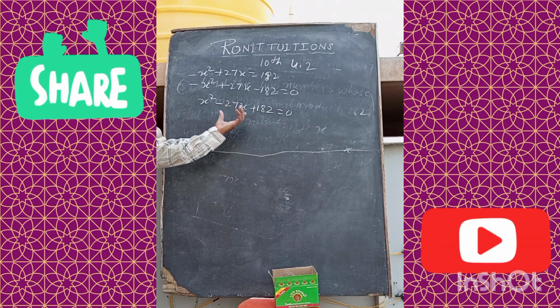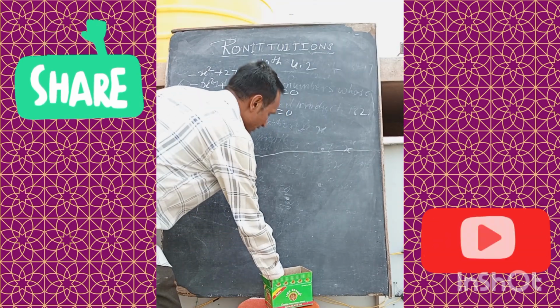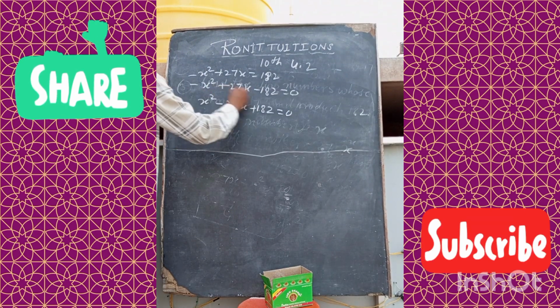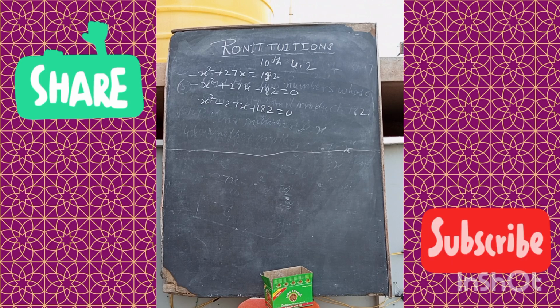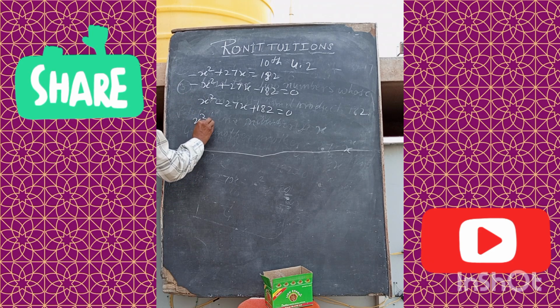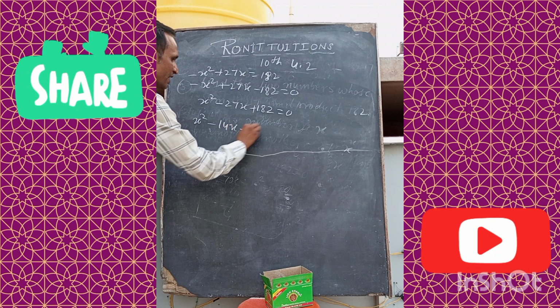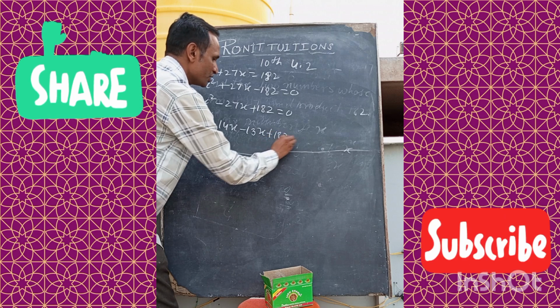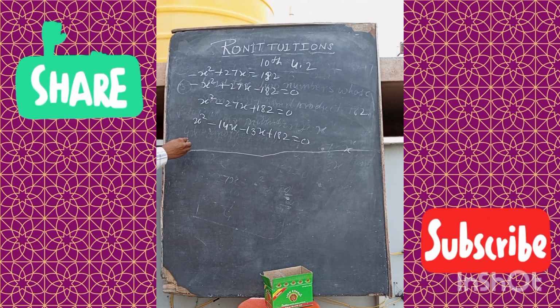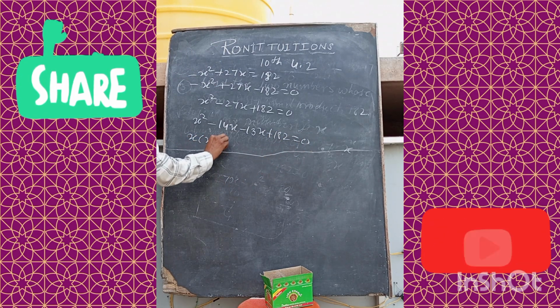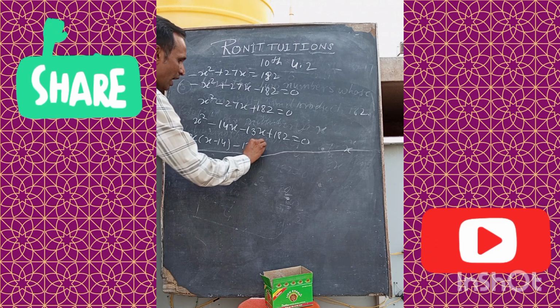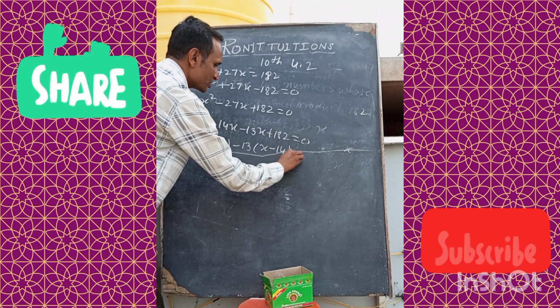Now we find the two numbers by the factorization method. x square minus 14x minus 13x plus 182 is equal to 0. Taking x common from the first two terms, x minus 14, and taking minus 13 common from the last two, x minus 14 is equal to 0.